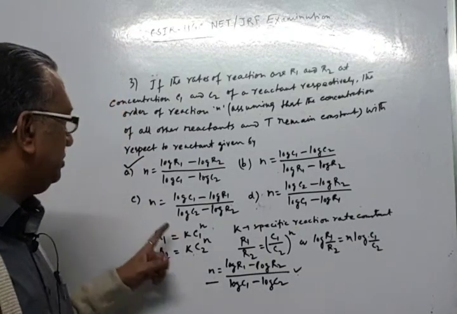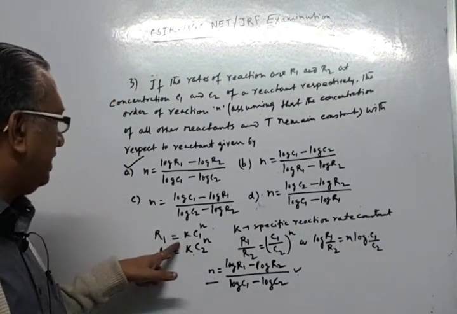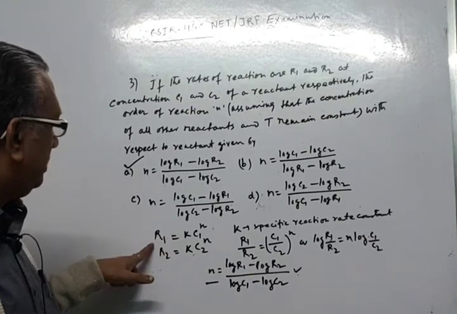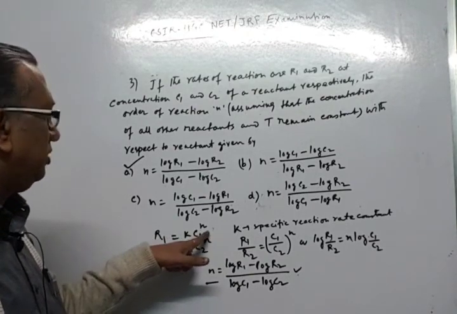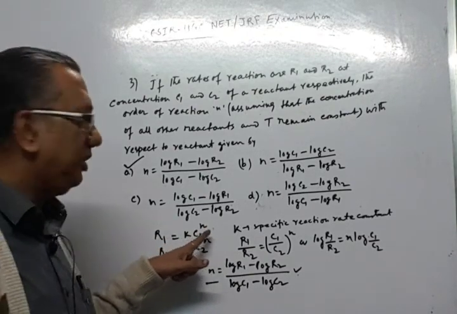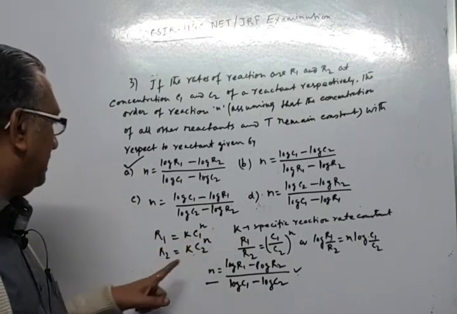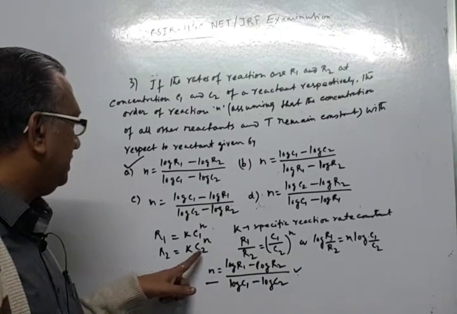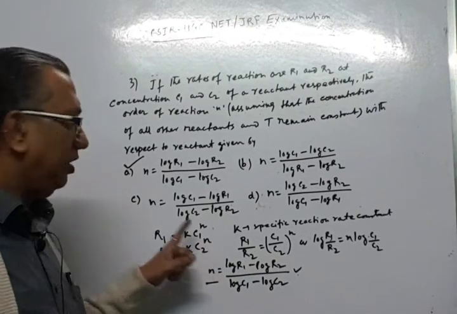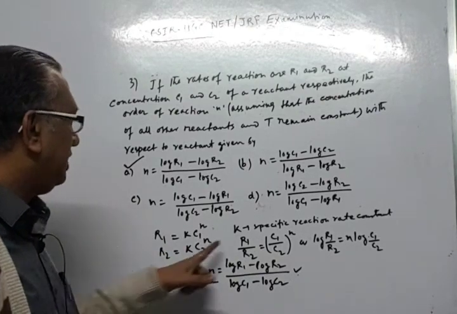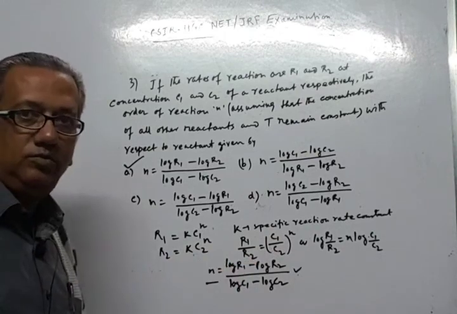So we know from the rate of reaction that R1 equals a constant into C1 to the power n, as the order is given as n, and R2 equals the constant into C2 to the power n, and dividing R1 by R2 we get this formula.